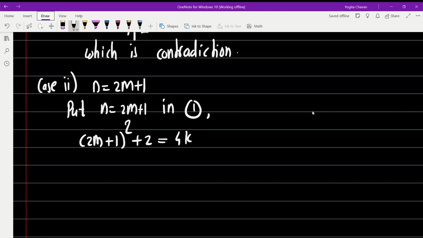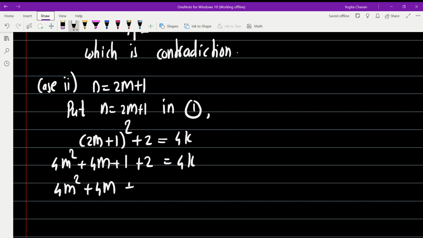Now 2m plus 1 square means it is 4m square plus 4m plus 1, plus 2 is equal to 4k. So 1 plus 2 is 3. So it is 4m square plus 4m plus 3 is equal to 4 into k.